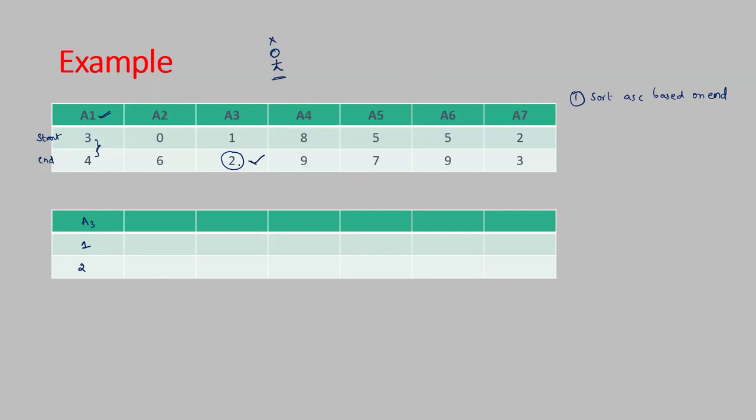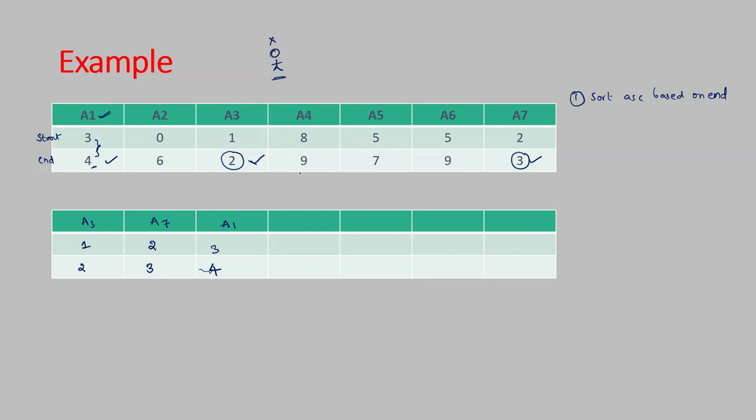Next, the second choice starts at 2 and this activity is A7. Next, after 3, 4: I write this in the third place, which starts at 3, and the activity name is A1. So this is also completed.